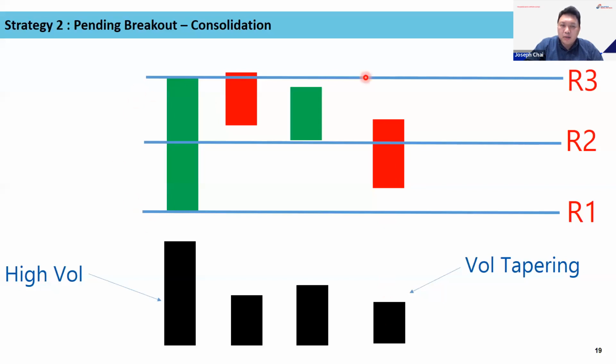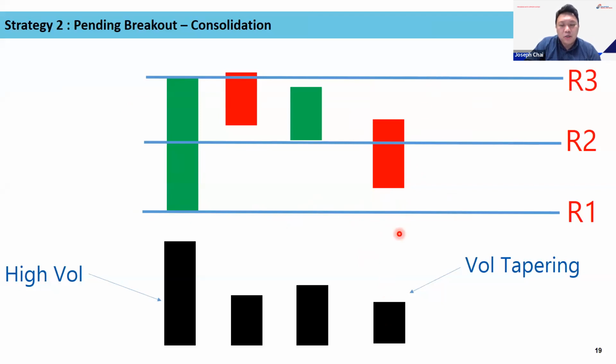You look at the chart here, the green candle here, the lower support is here. So you know where your cut loss is, right? And as long as the stock pulls back nearer to your stop loss, you can add one more position over here. So this is buying on the consolidation while we are waiting for the next breakout.